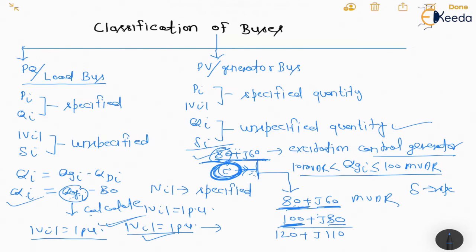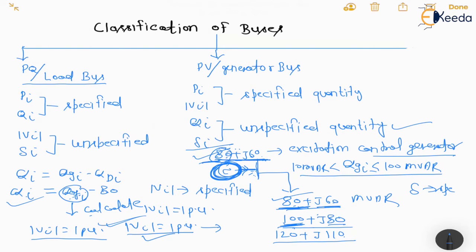At first our generation was 80 plus j60 and our demand was 80 plus j60, so the voltage was 1 pu and delta was 0. Now the load has been increased from 80 plus j60 to 120 plus j110.